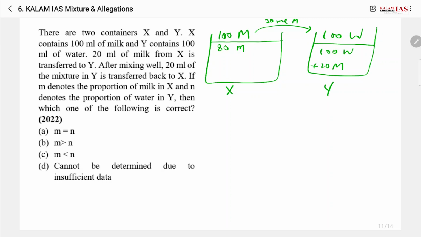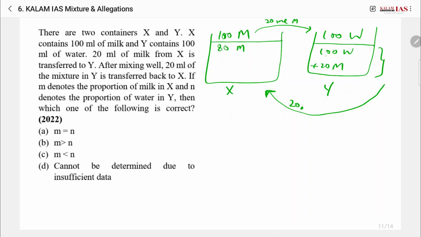After mixing well, 20 ml of mixture in Y is transferred back to X. Now this is the new mixture, and 20 ml is transferred back to X. If M denotes the proportion of milk in X and N denotes the proportion of water in Y, which of the following? Now we have to find the final composition of these two liquids after the second iteration.